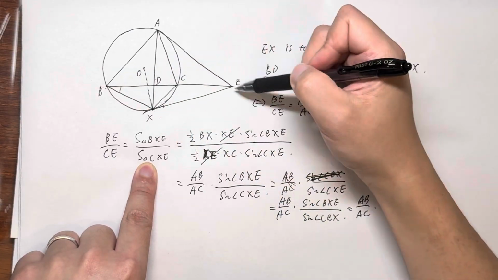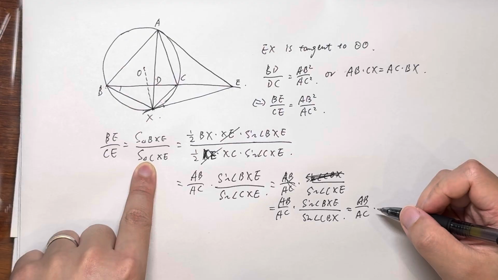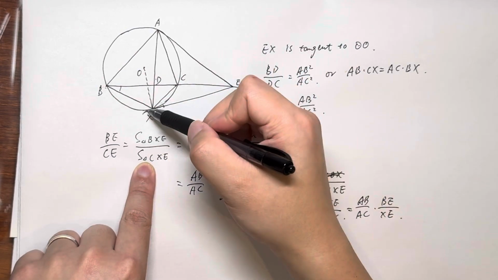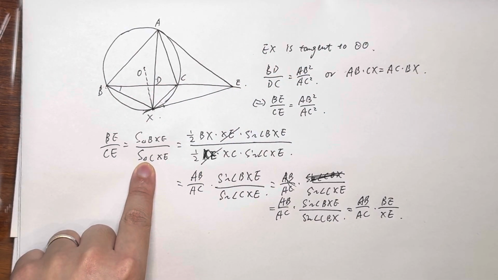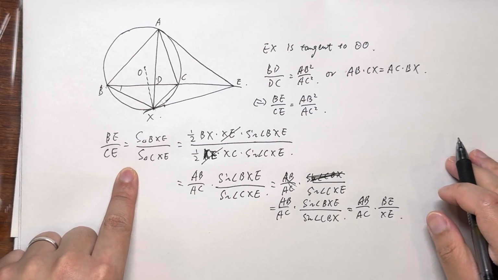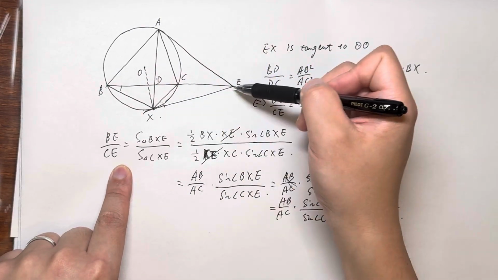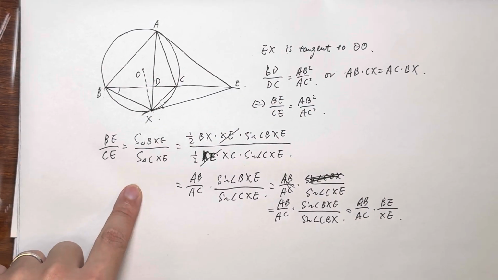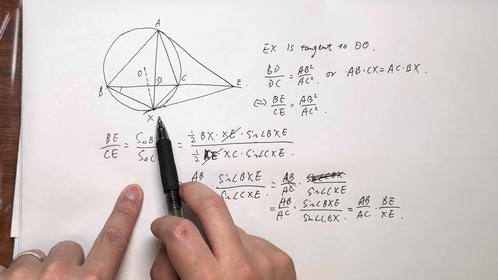That is BE to XE, and we want to find the ratio of BE to XE here.